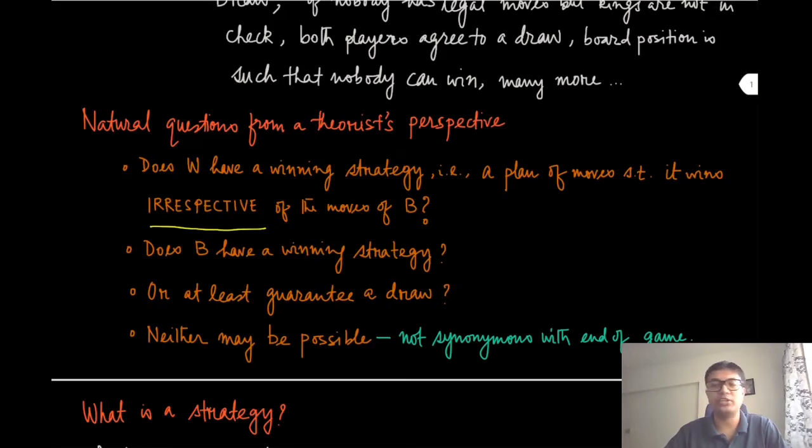Maybe you might not win, you might not ensure a winning strategy, but you can at least guarantee a draw. Now, I would like to emphasize that there is a difference between a winning strategy. So something apart from these three outcomes, there are some other outcomes that can also happen.